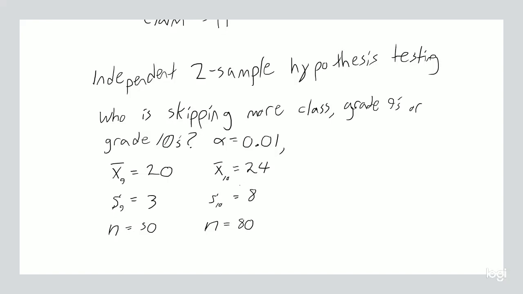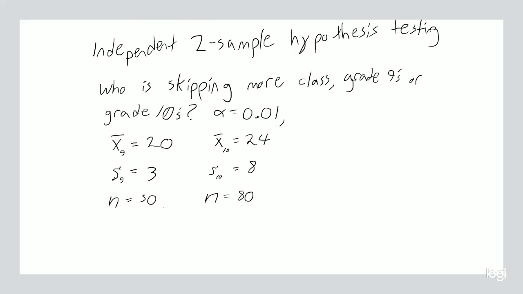Okay, so we have two different sample means, two different standard deviations, two different sample sizes, which means we actually have two different degrees of freedom, 49 and 79. Okay, and we need to compare these.